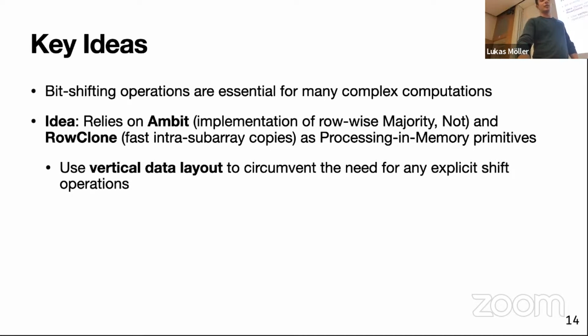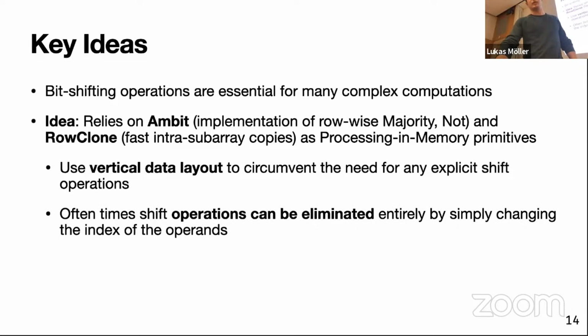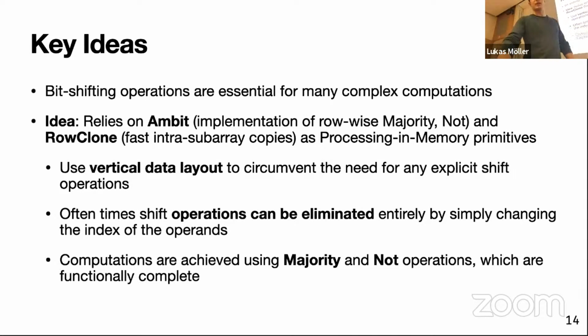And for the bit shifting operation problem, we can use vertical data layout to circumvent the need for most explicit shifting operations. By eliminating those shifts, we can do that by simply changing the index of operands. And based on that, we can do complex operations by chaining majority and NOT operations.